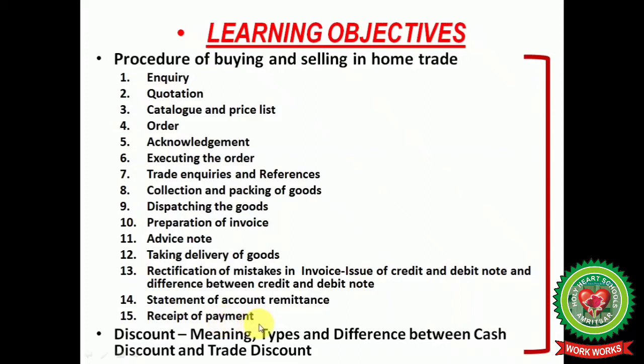So these are the 15 documents that are needed while buying and selling of goods in home trade. In this we also discuss discount, its meaning, types and the difference between cash discount and trade discount.